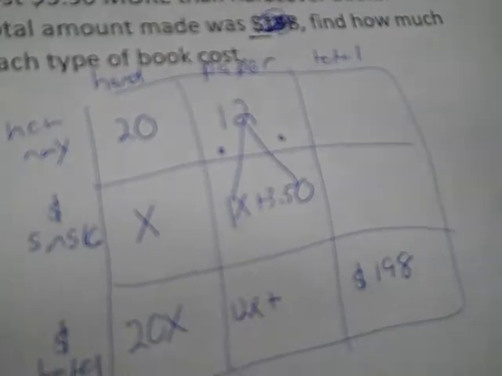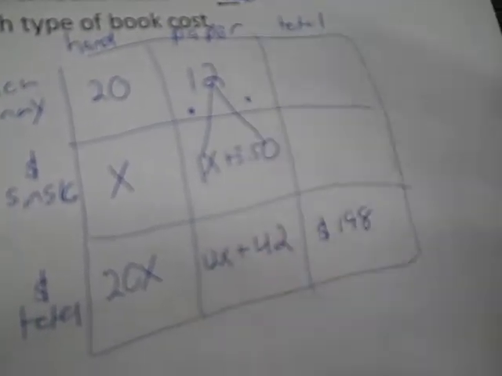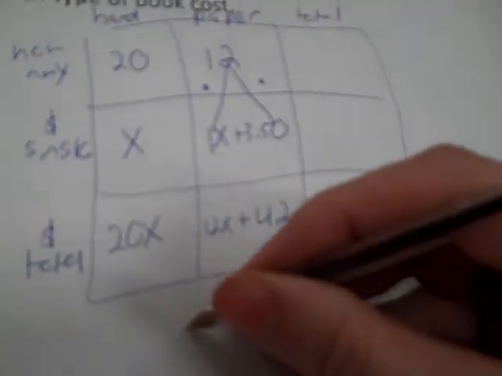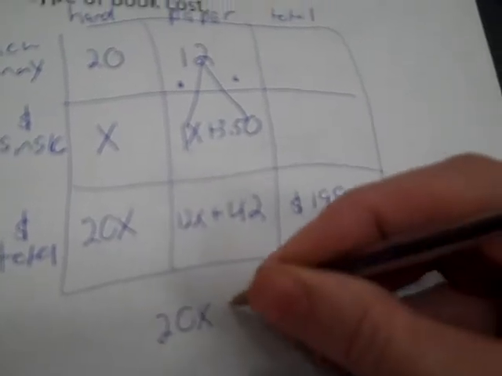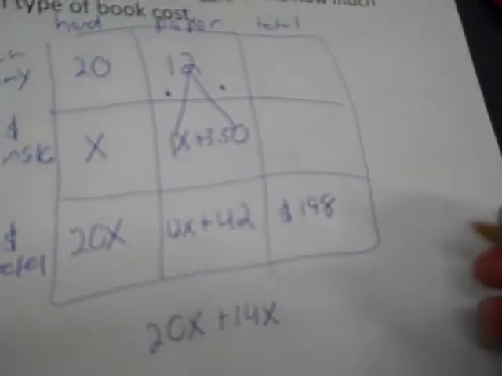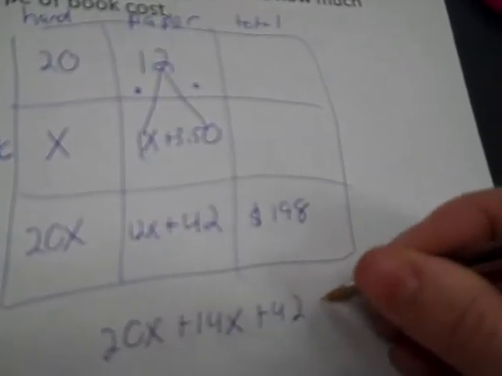And then I take 12 times 3.50, 42. So I write 20X plus 12X plus 42 equals 198.